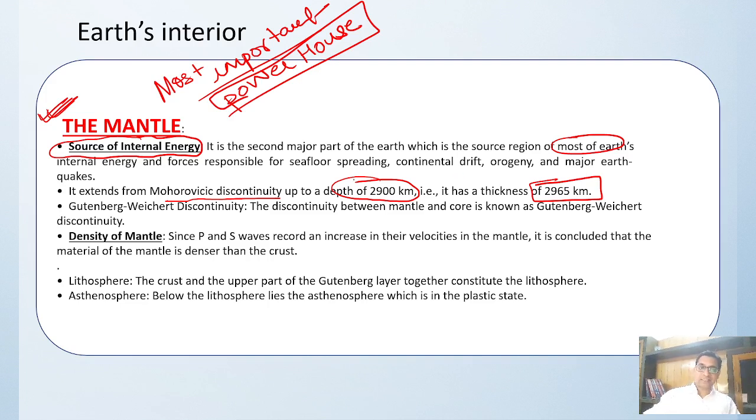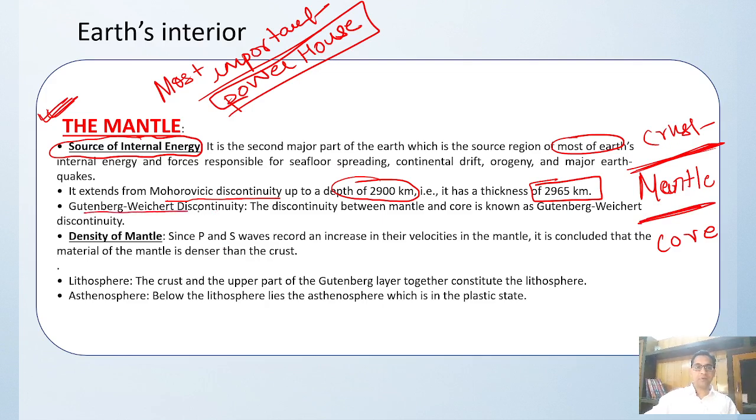Then once this mantle ends, we have crust, and here we have core. So between crust and mantle we have Mohorovic discontinuity, and between mantle and core we have Gutenberg-Wiechert discontinuity. So this discontinuity is there between mantle and core, right?